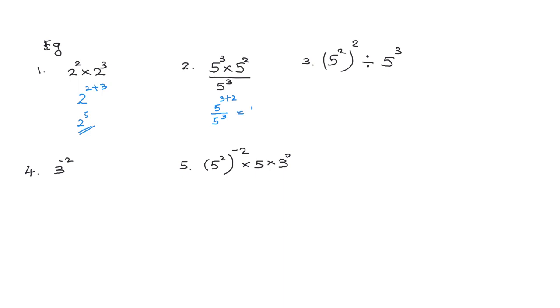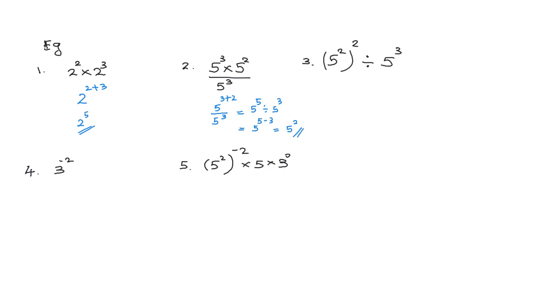That is equal to 5 to the power 5 divided by 5 to the power 3. Now what you have to do? You have division, same base, then you subtract powers. 5 to the power 5 minus 3, which is equal to 5 to the power 2.